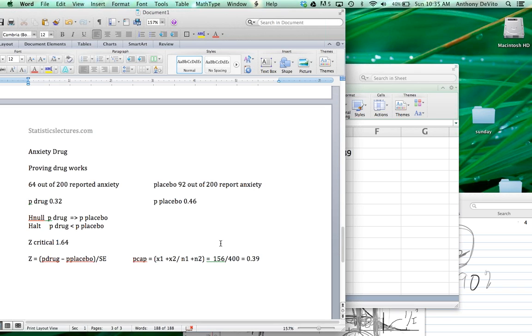So I have two formulas I'm going on here. First, this p cap, which is a kind of weighted average of the two proportions.